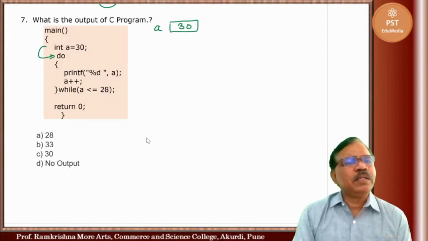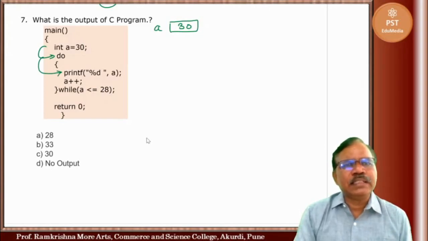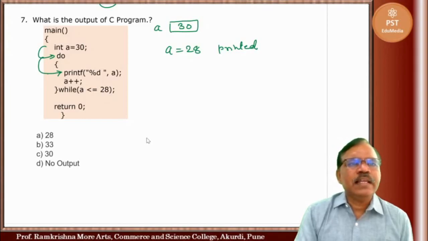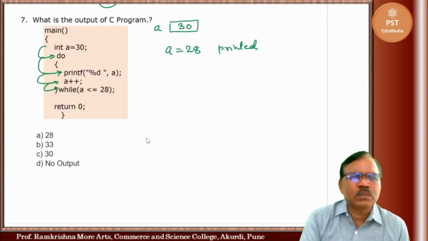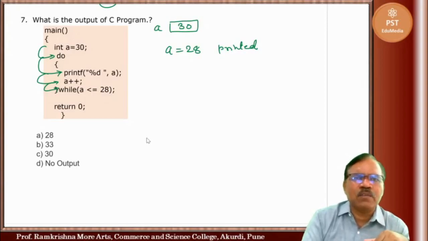In a do while loop, initially the condition is not checked. It will directly enter the loop. Printf %d a, so the value of a is printed. Then a plus plus. So when it comes to this statement, a will increase by 1. Then it will check the condition.